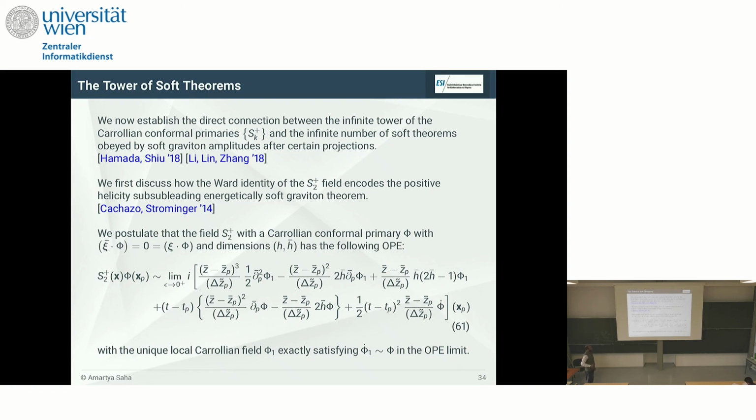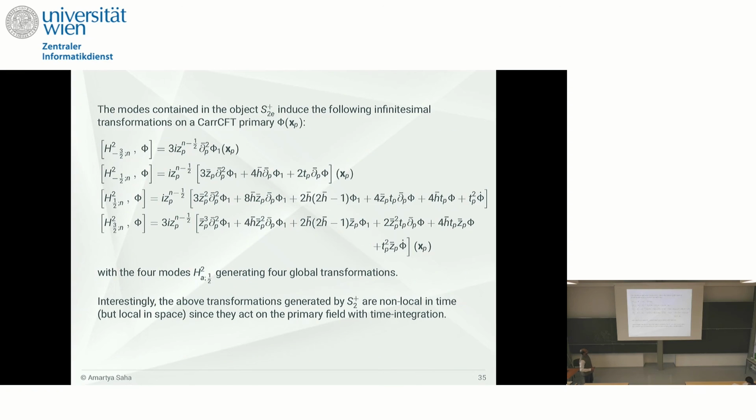That means the generators contained in this field S2 plus are acting on the phi field by an inverse time derivative. So these transformations are non-local in time, but they are local in space because they are just space derivatives.